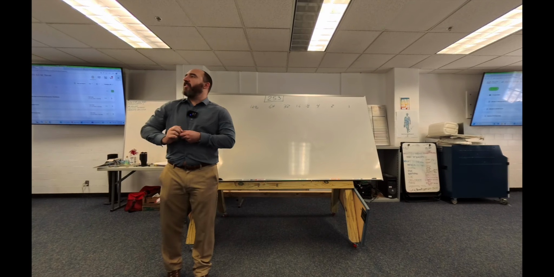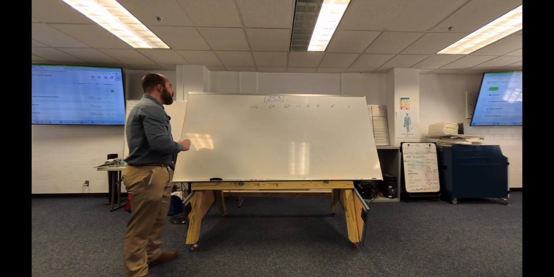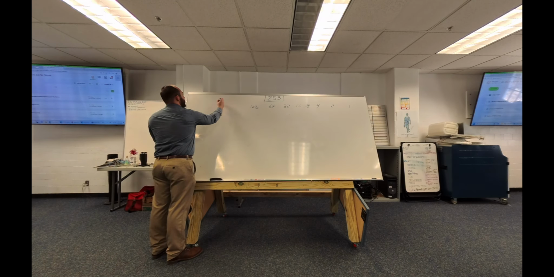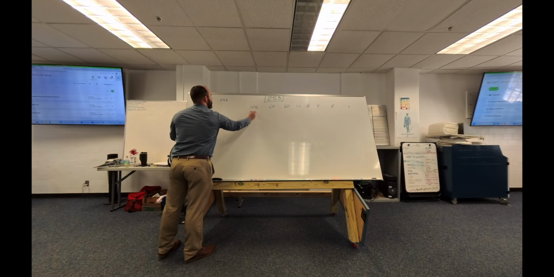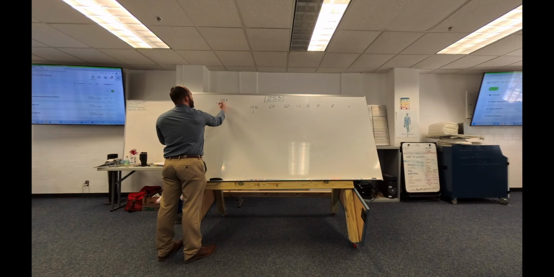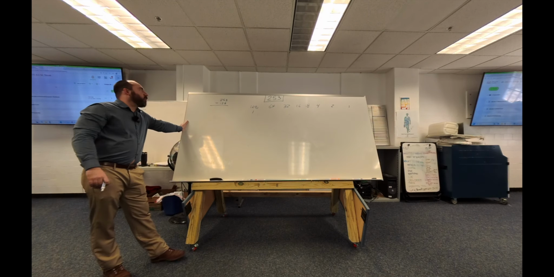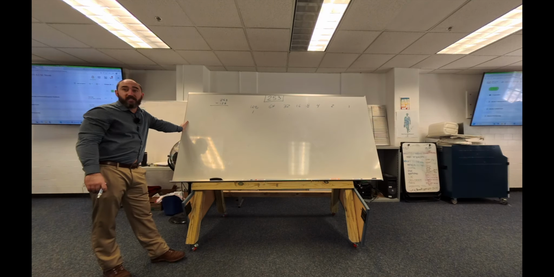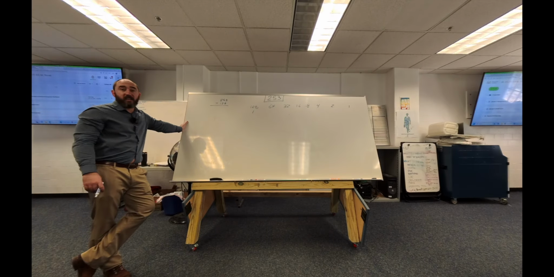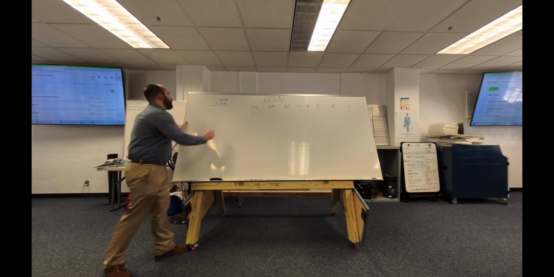So let's start with the way that we've always been doing it. Does 128 go into 253? Minus 128 gives us 125. 72 plus 53 gives us 125.